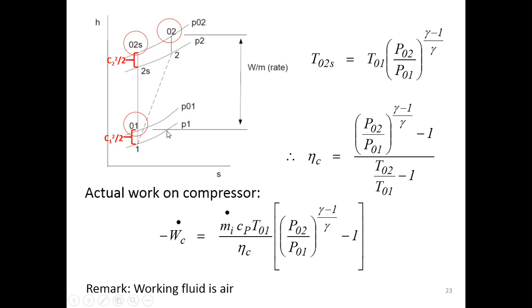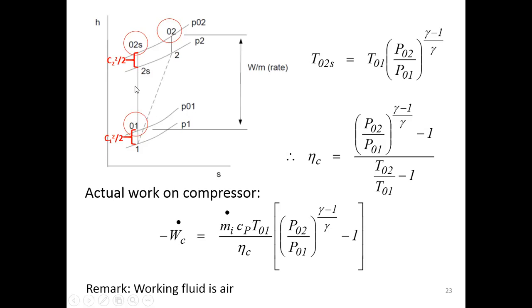P1 represents the ambient condition, which we consider static. P01 represents the pressure immediately in front of the compressor, because immediately in front of the compressor the air now has a velocity. So we have a stagnation pressure 01 here.